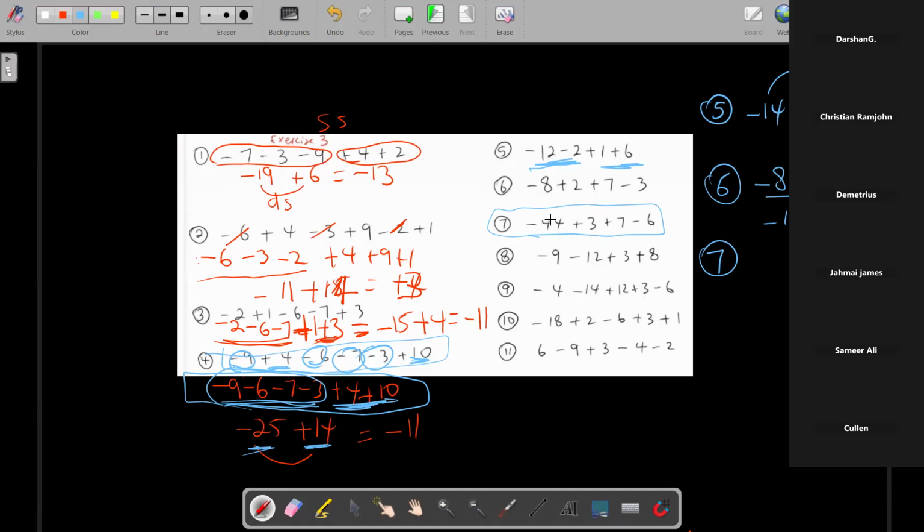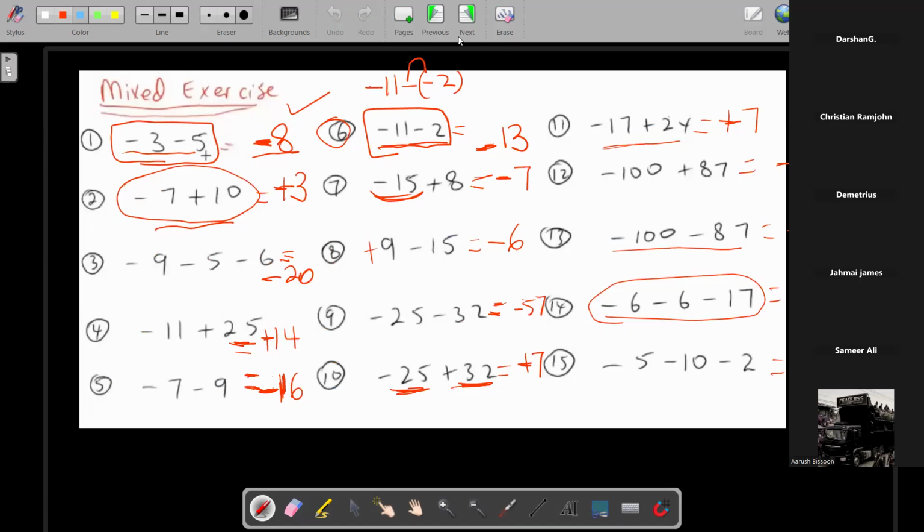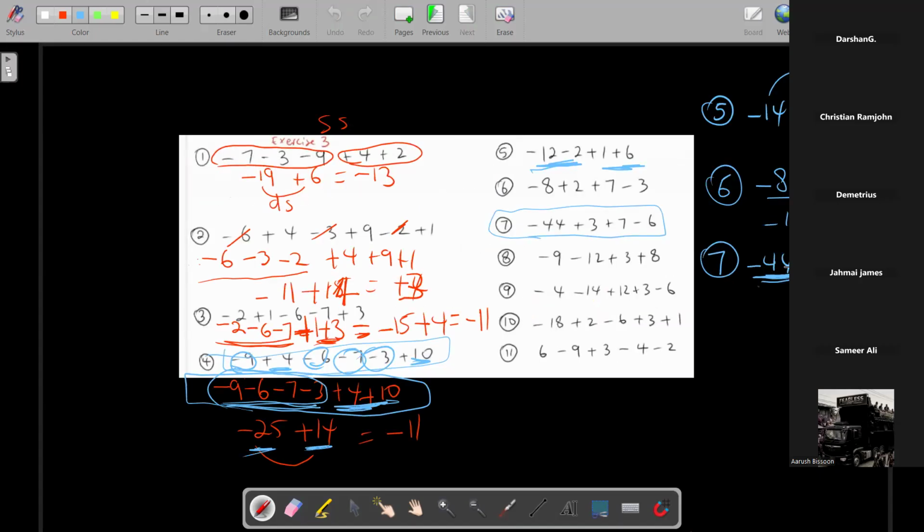Right. We are arranging the negatives together. Minus 44, minus 6. Tell me what we're getting. 38. Nah. These two terms have the same sign, so same signs you add and keep the same sign. So we're adding this together.